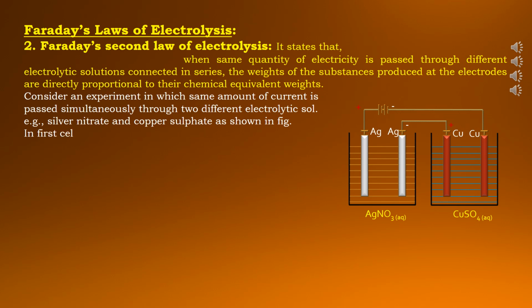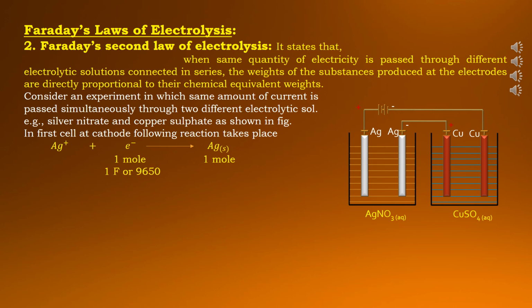In the first cell, at the cathode the following reaction takes place. Here, silver ions by gaining one electron change to silver solid. That means 1 mole of electrons produces 1 mole of silver atoms, or we can say 1 Faraday of charge, that means 96500 coulomb of charge, produces 107.87 gram of silver, which is the gram atomic weight of silver.